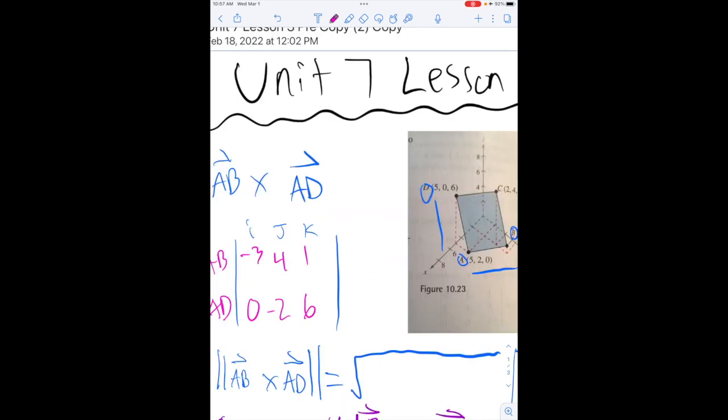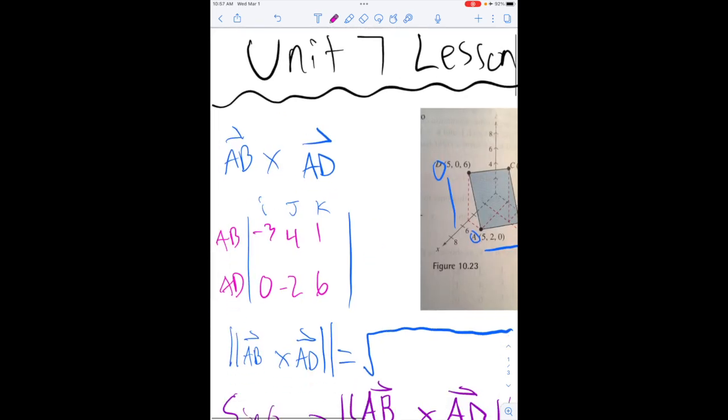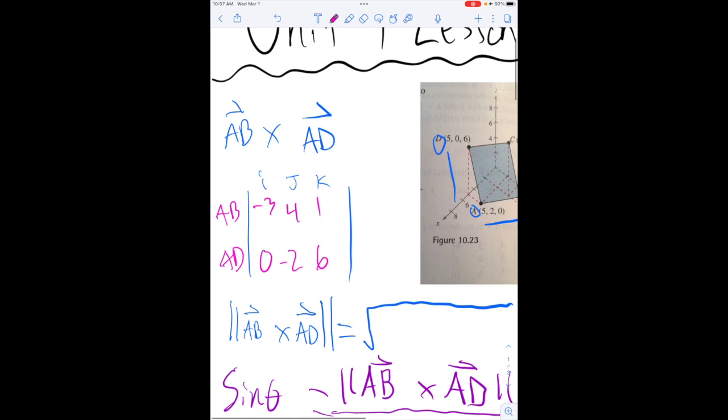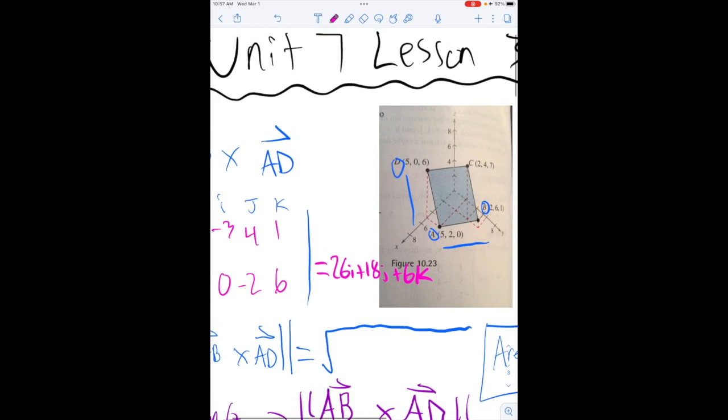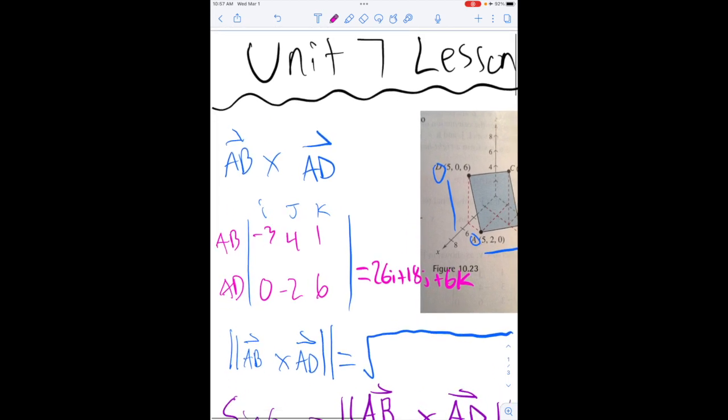And when we go through our process of figuring out what this equals, the cross product ends up equaling 26I plus 18J plus 6K. Now, to find the area, I need to find the magnitude.